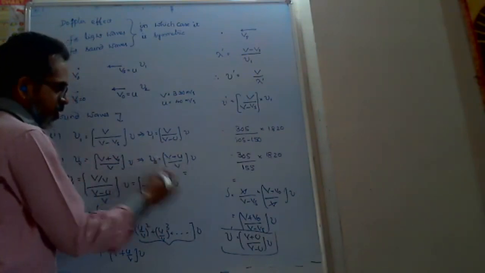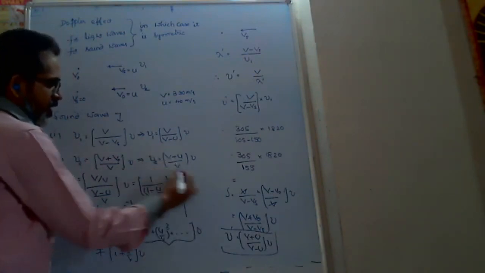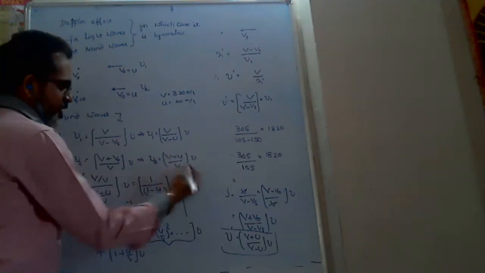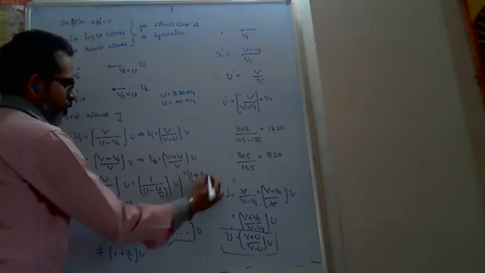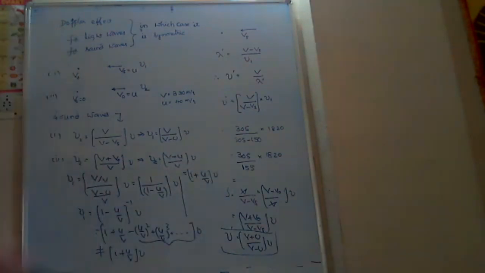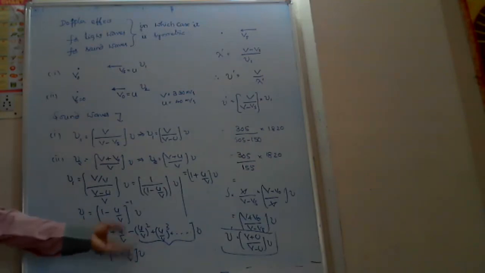Split this one: (V plus U) by V is 1 plus U by V, into nu. The second frequency is exactly of the form (1 plus U by V) into nu, but the first frequency I am not getting exactly equal to that.